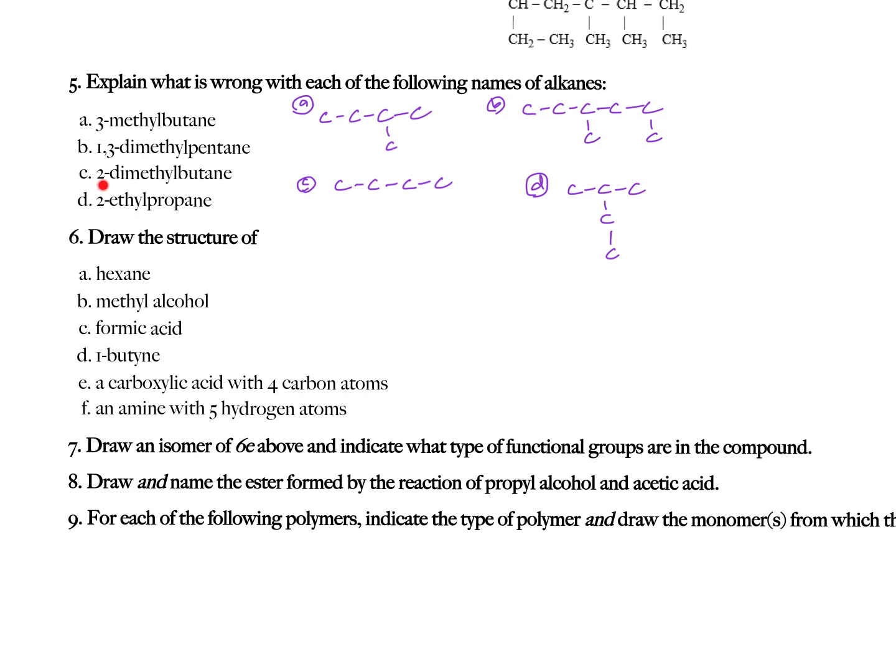Okay, so let's look at this last one now. Letter C, 2-dimethylbutane. Okay, so it's a butane, so it's a 4-carbon chain, and we know that on carbon 2, there's something going on. This is a little bit more subtle, but what you need here is the number 2 written twice, because you're trying to tell me that there are 2 methyl groups on carbon number 2.